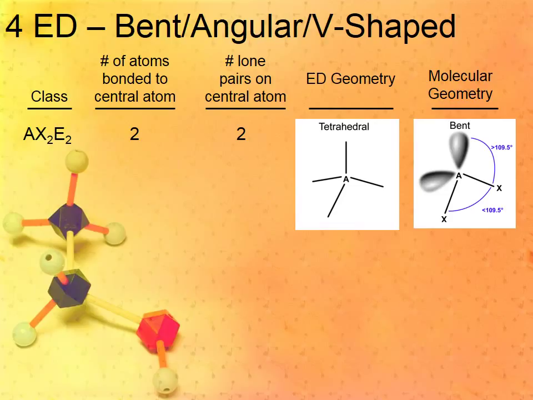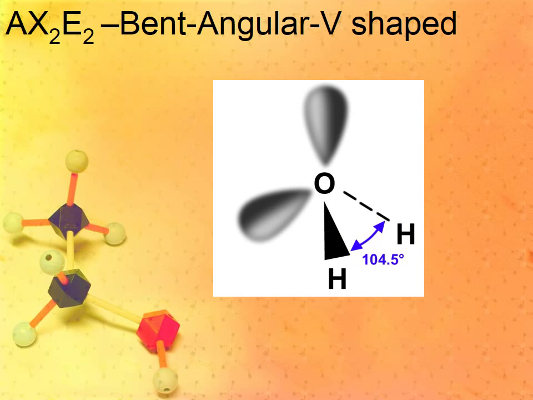The 2 electron lone pairs do push away the bonding pairs even more strongly, and therefore the angle between the 2 bonding pairs ends up being less than 109.5. The best example for this structure is water.